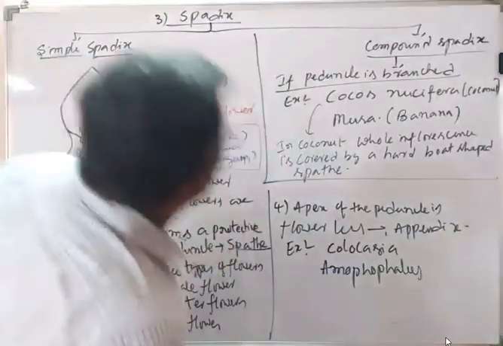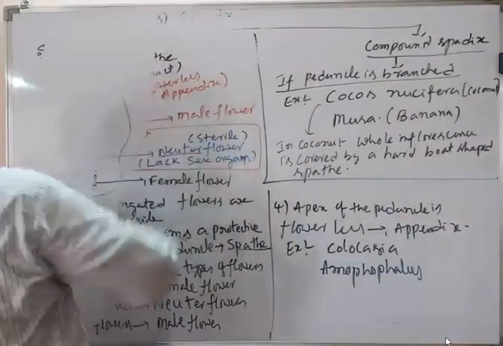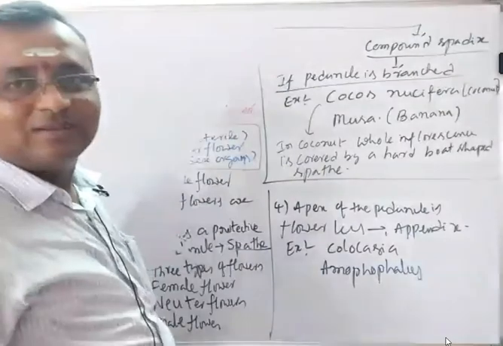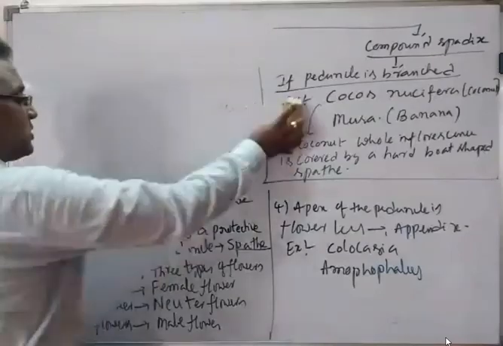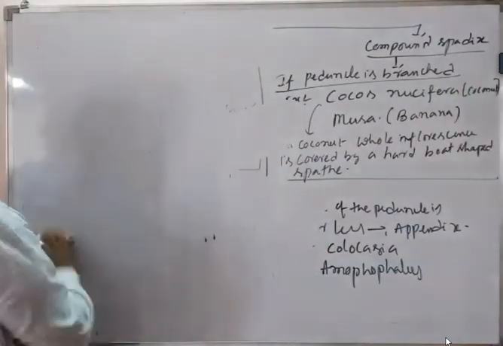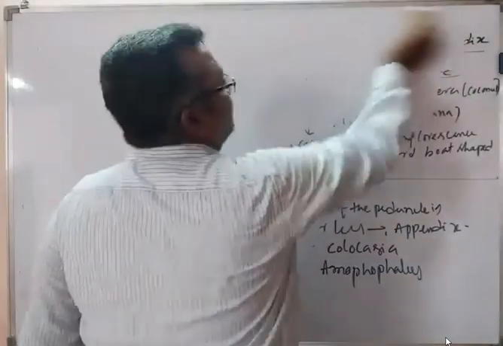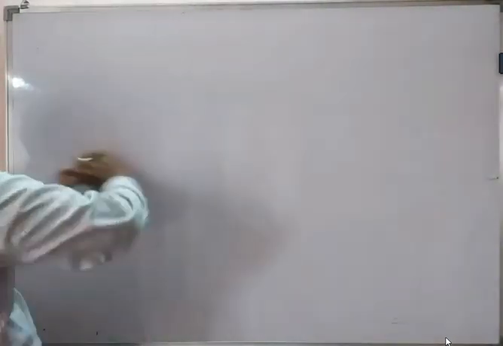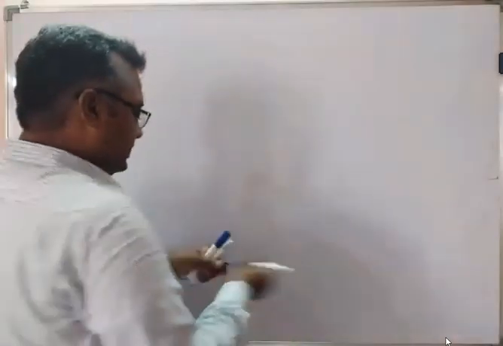Okay. Now the last one under Racemose. I have not yet gone into Cymose. Today evening in the extra class I am going to explain about Cymose. So the last one is head.